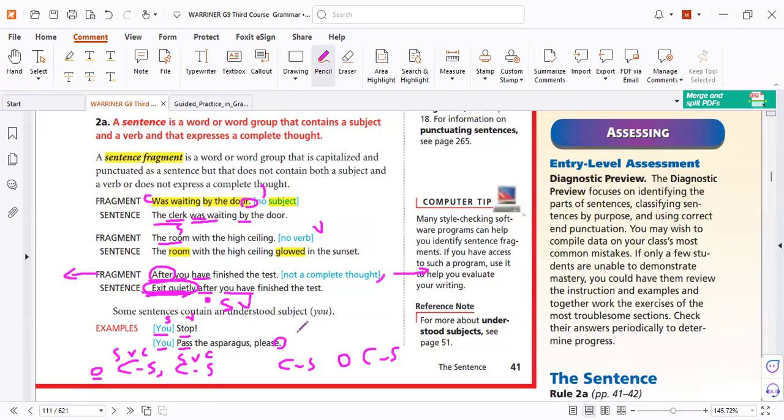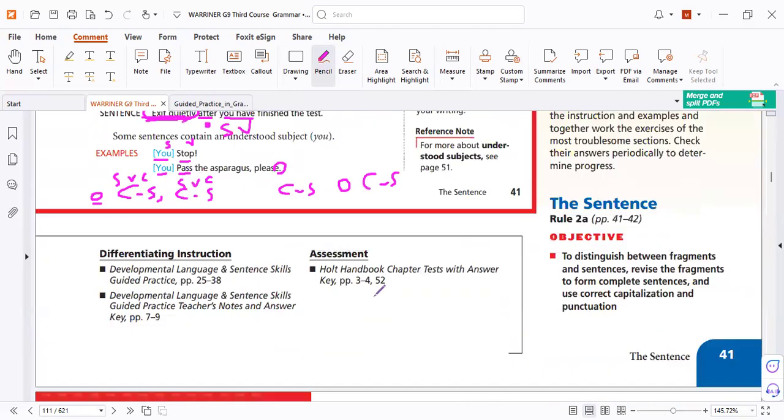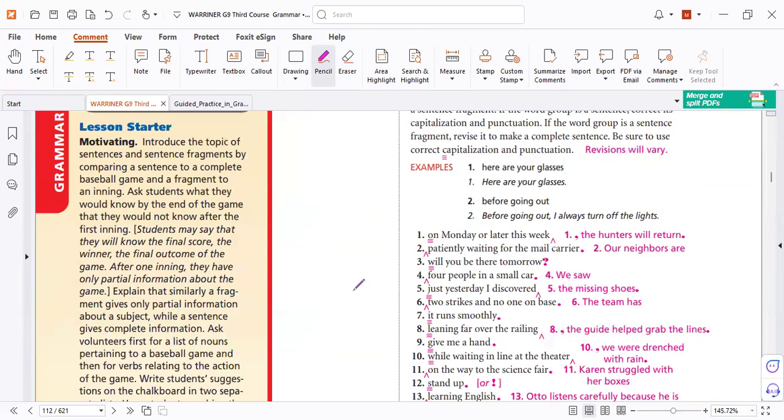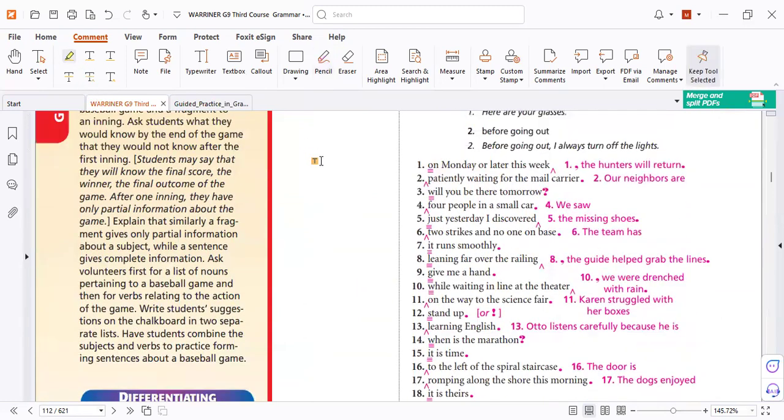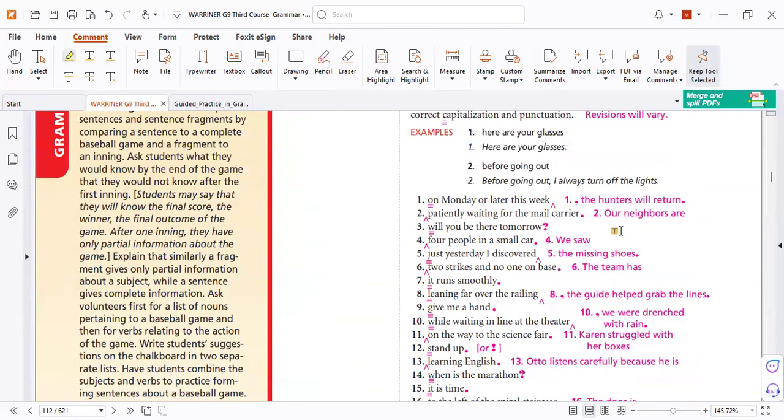Now let's go for the next. Now we are going to do it together to check whether it is a sentence or not. I will send you this book, which already has the answers, all of these answers. But your job is to try to know how the answer is made. For example, is this part a sentence? No. Why?